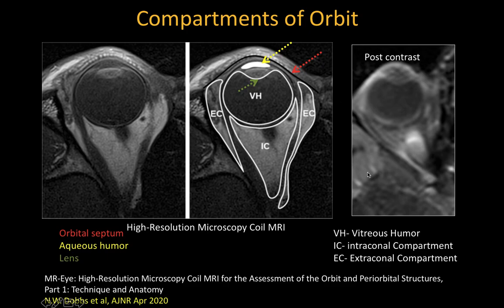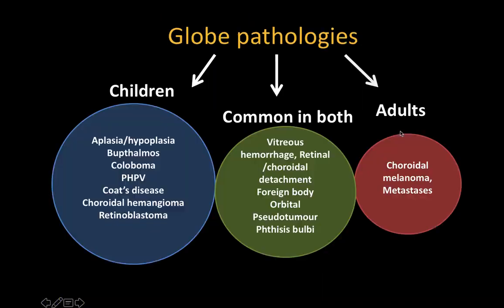Coming to the post contrast image of the globe, remember, in the globe only the choroid will enhance, which is the vascular part, and the black line which is seen is the sclera, it never enhances. So globe pathologies, I have divided them into children, adults, or common in both.